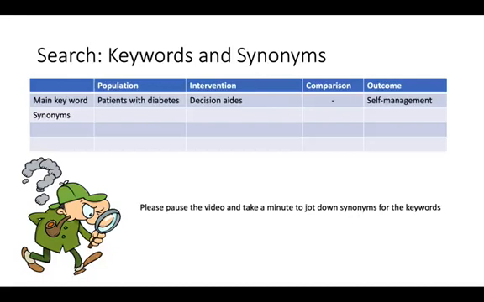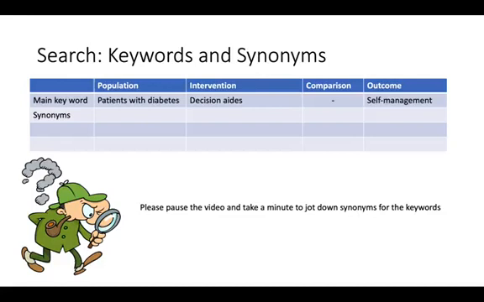So that's directly related to my PICO question. And they come directly. So the main keywords that I'm going to search with came from my question. So patients with diabetes was the population. Decision aids were the intervention. I do not have a comparison. It makes no sense to put a search term in for that. And then I have self-management.